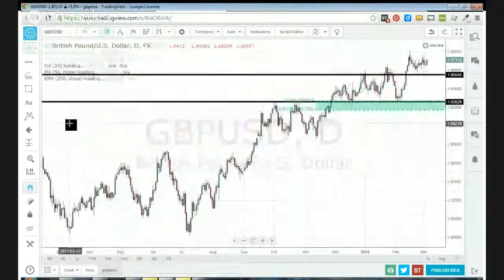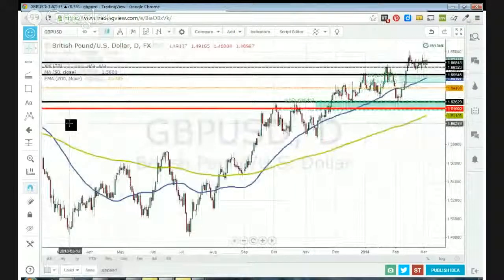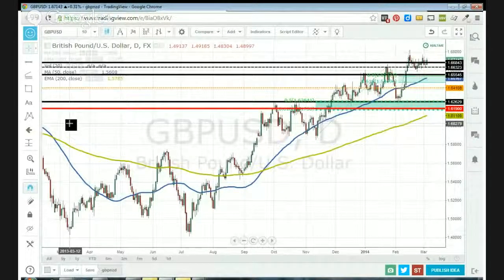Pound dollar. Okay, I have a synthetic or implied short position in pound dollar. The reason for this is because I am short pound yen and long dollar yen. Now my long dollar yen order has not got filled, so I'm trying to get to a point of a synthetic short dollar trade, a short pound dollar position.